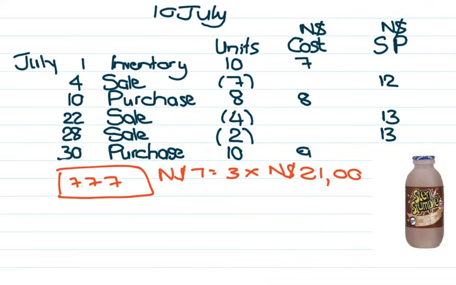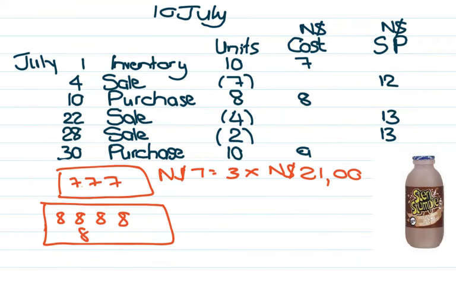All right. And now on the 4th, or rather on the 10th, we are going to purchase 8 units more. So let me draw the 8. 1, 2, 3, 4, 5, 6, 7, 8. So these ones was $8, and it was 8 units, and 8 times 8 equals then 64.